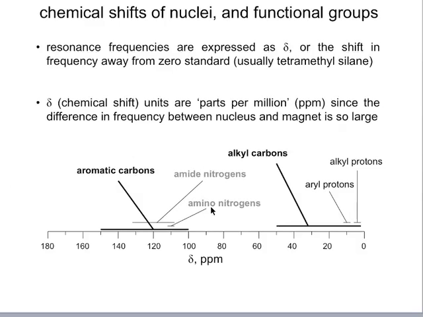Amide nitrogens are easily distinguished from amino nitrogens, and that's interesting, for example, when we're considering peptide bond nitrogens versus primary amines at the ends of some side chains. Finally, as well, we can distinguish aryl from alkyl protons. So this is just giving us a general sense of our ability to distinguish a kind of nucleus based on where it resides, what kind of functional group it resides in.